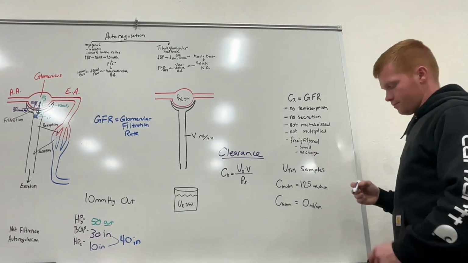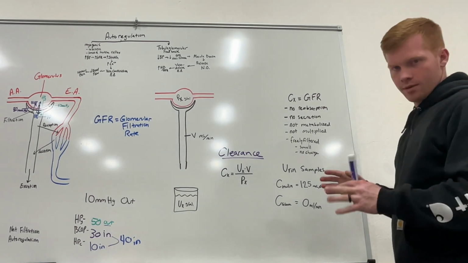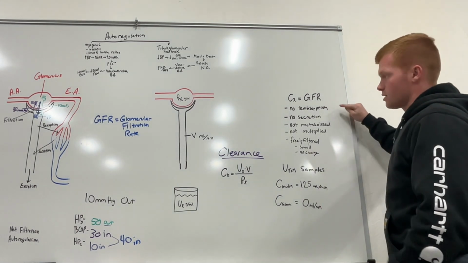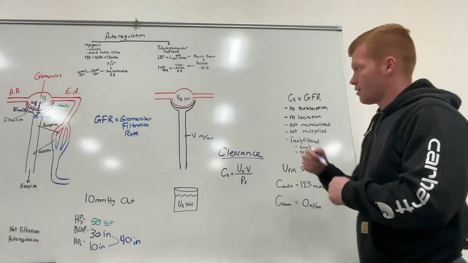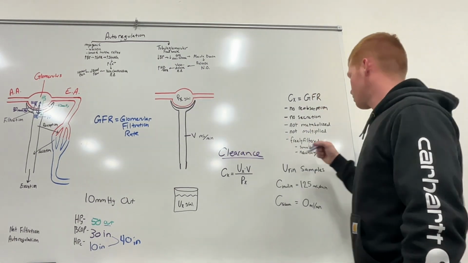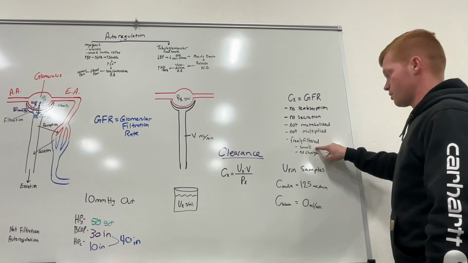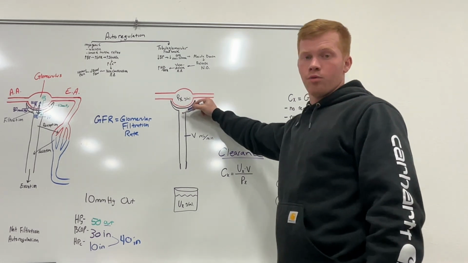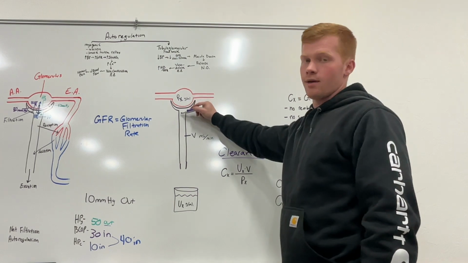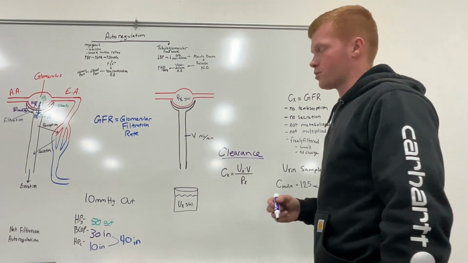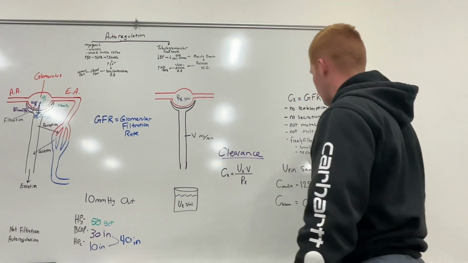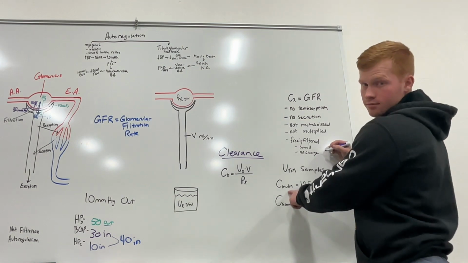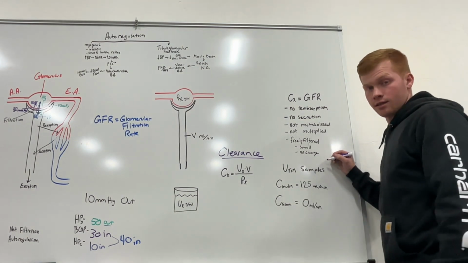So we need a substance that meets this qualification. First of all, it needs to be freely filtered. So it needs to be small, not charged. It needs to be able to make it through this membrane, no problem. 100% of it needs to make it through and end up in Bowman's capsule. That's what a substance called inulin can do.